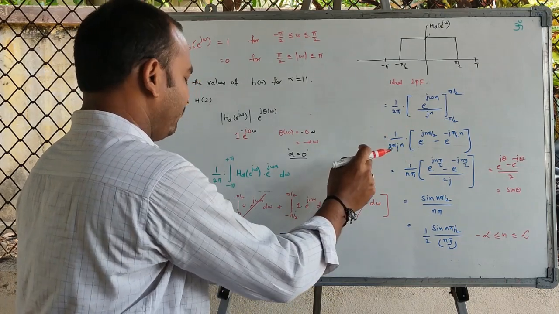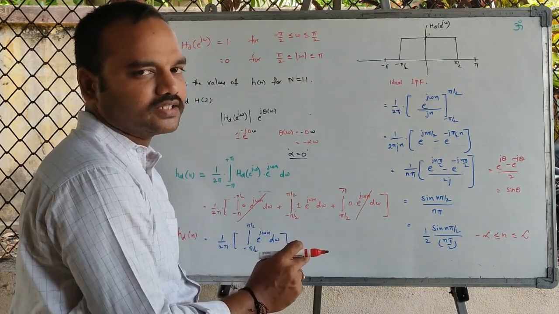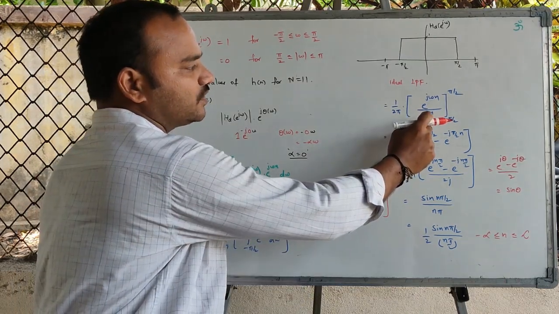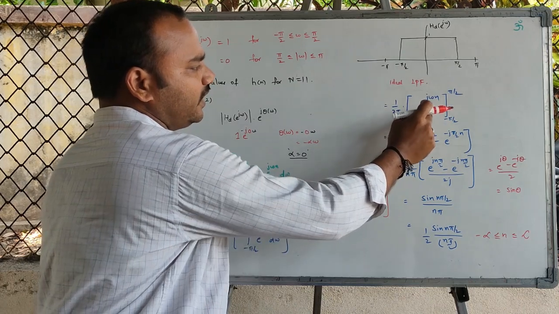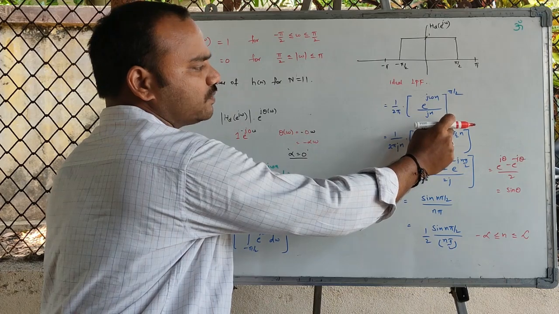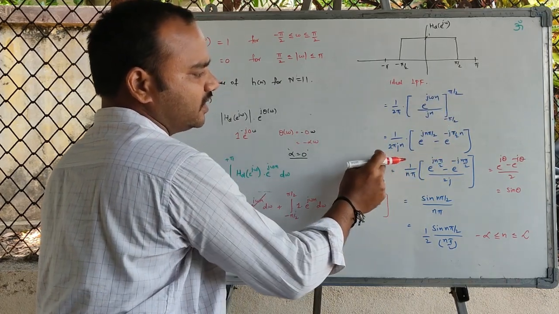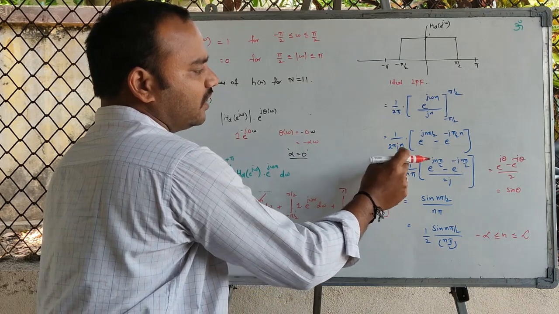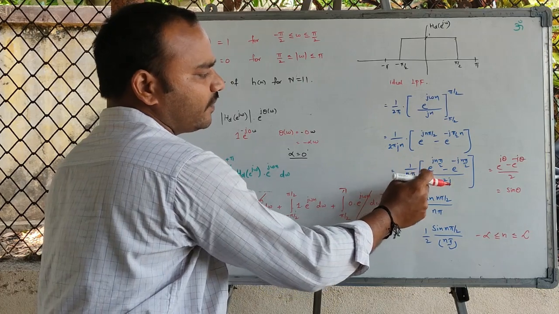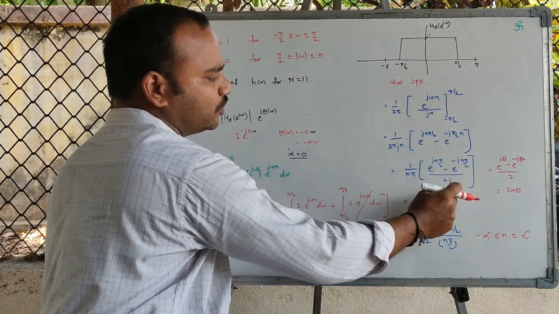If we apply the integration, integral of e power x is e power x, so here it is e power ax, then it will be e power ax by a. So 1 by 2 pi times e power j omega n by j n from the limits minus pi by 2 to plus pi by 2. If we substitute these limits, we get this equation. Then if we take this 2j inside, we get 1 by n pi times e power j n pi by 2 minus e power minus j n pi by 2, divided by 2j.